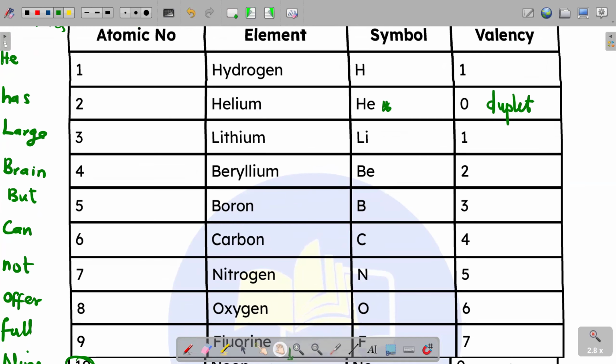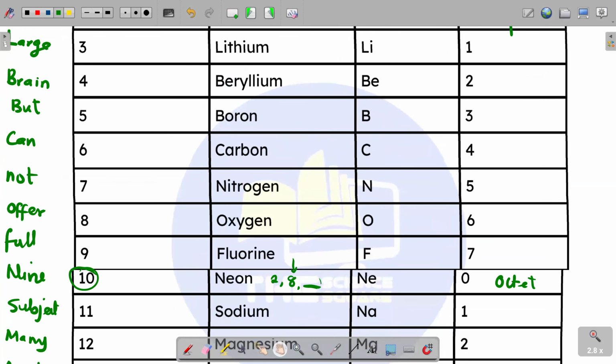Okay, lithium has a valency of 1, beryllium has a valency of 2, boron a valency of 3, carbon a valency of 4, nitrogen a valency of 5, though nitrogen can have multiple valency. Oxygen a valency of 6, fluorine valency of 7, and so on.